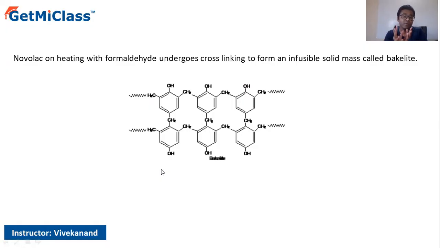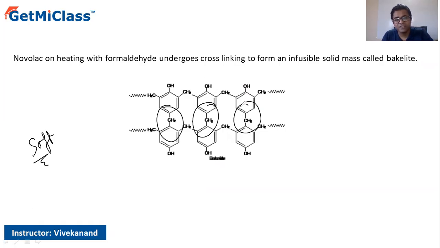It can be either a soft bakelite, wherein the cross-linkings are less, or a hard type of bakelite. If these cross-linkings that you see are less, then we get a soft type of bakelite, and if these particular cross-linkings are extensive, we will end up getting a hard type of bakelite. So we have those two types.